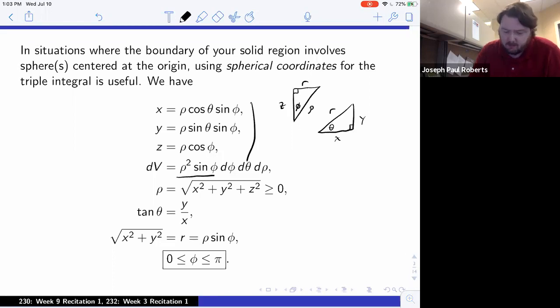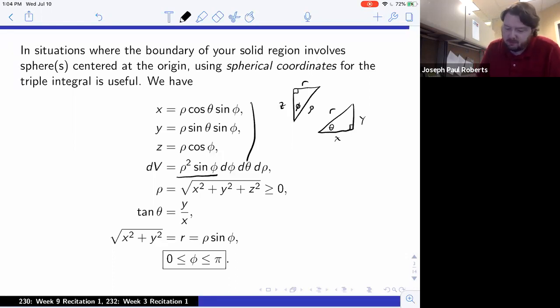And when you're doing integrals, it's very important that you include the appropriate factor on dV, which for spherical coordinates is rho squared sine phi. Again, I showed you yesterday where that came from. It was the generalization of substitution into multiple integrals.